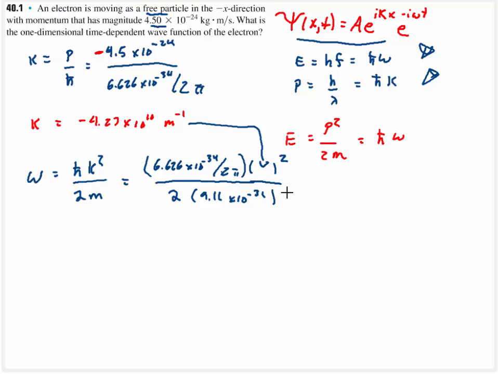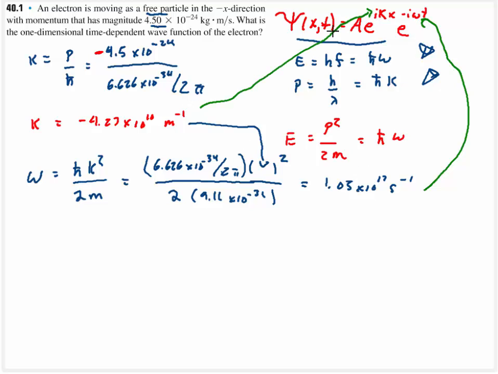And you go ahead and you type all that in, and we're going to get 1.05 times 10 to the 17th inverse seconds. And essentially all we're going to do is plug that guy in just right up there, and then plug this guy in just right there, and we should be good to go.